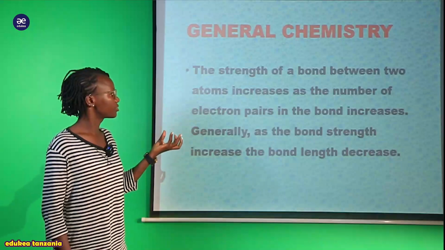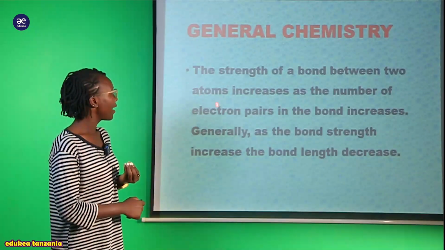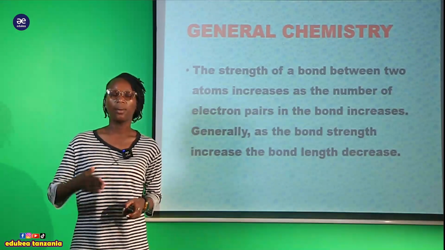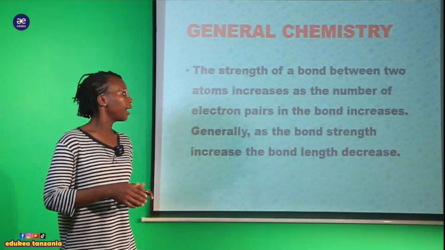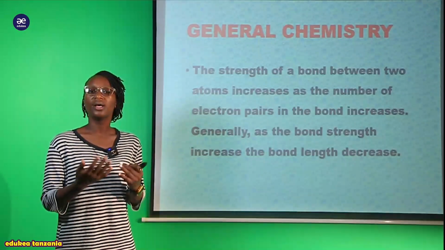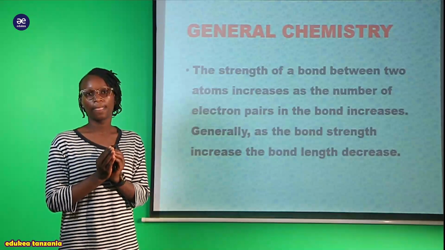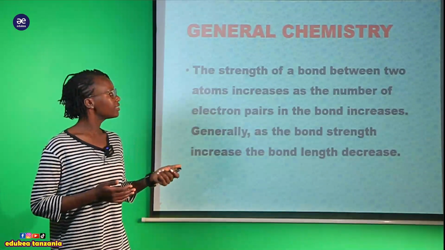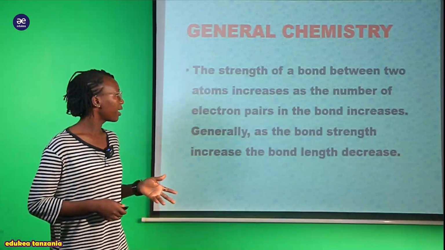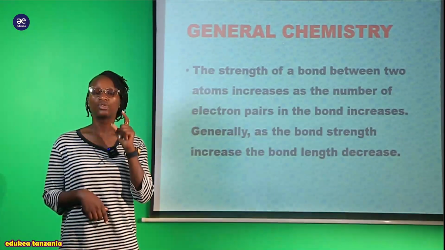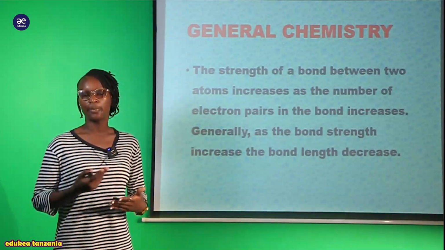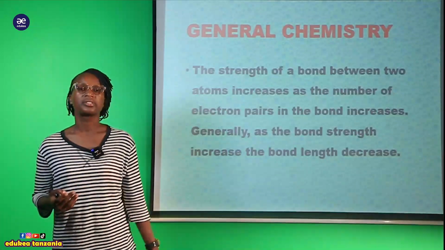The pairing of electrons is what makes the bond stronger compared to an unpaired one. So as the number of electron pairs in the bond increases, the strength of the bond between the two atoms also increases. It is a direct proportion: when this increases, that also increases.